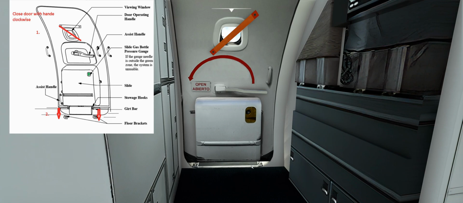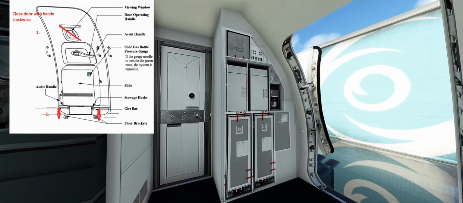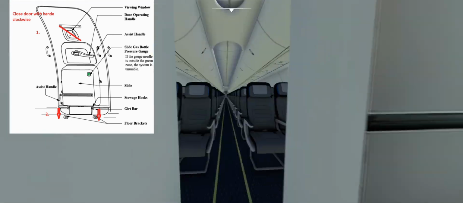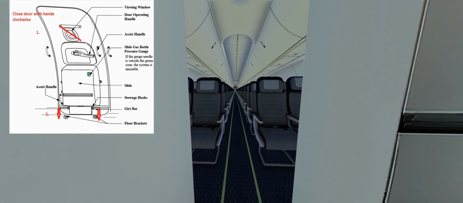And that means that in case of emergency and evacuation, when you open the door, the slide will inflate. So that's the doors, and I hope it was clear and understandable for you.